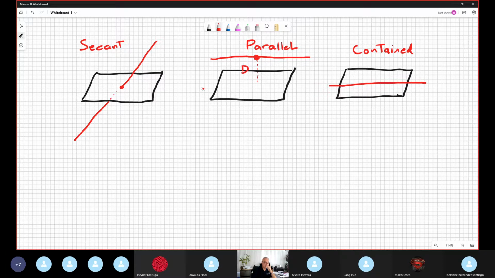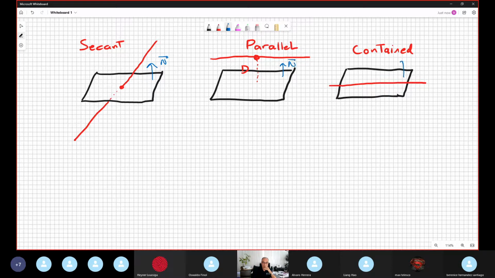Distance here is 0 because they touch. Distance here is 0 because it contains. So, how do you differentiate? Well, you have the normal vector of the plane.